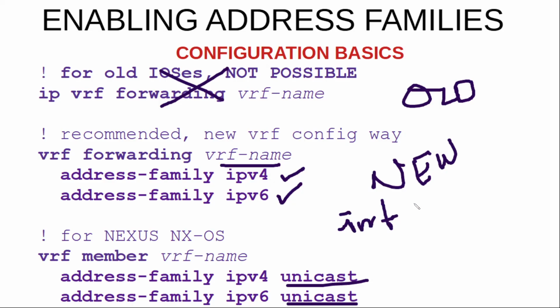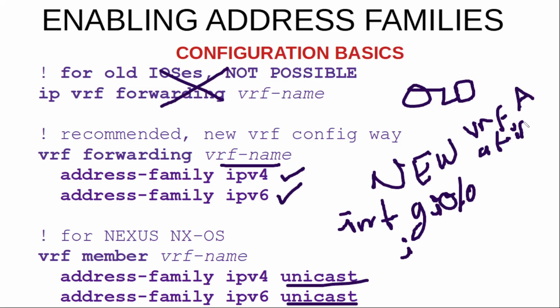But just bear in mind that you have to enable address families. For instance, if you had an interface, let's say gigabit 0/0, and let's say that you only configured in a VRF, let's say A, address-family ipv4. And then you wanted to enable IPv6.